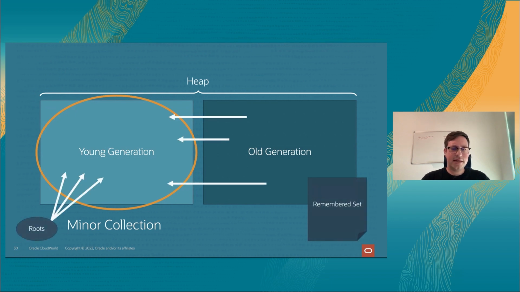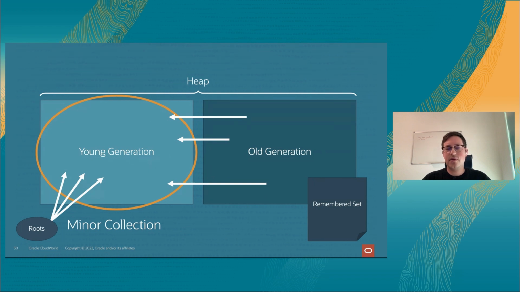And I did say that there are some details that vary depending on what generation we're collecting. This is one of those instances where we start tracing through the roots, and the roots in this case are the normal global roots and thread roots. But we also have a data structure called a remembered set.